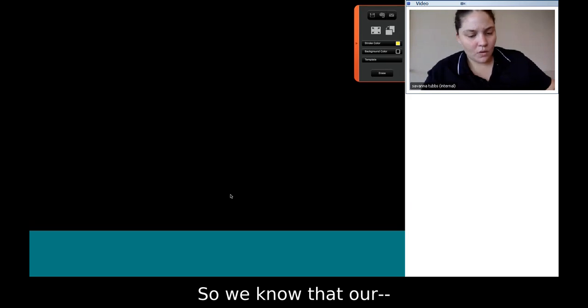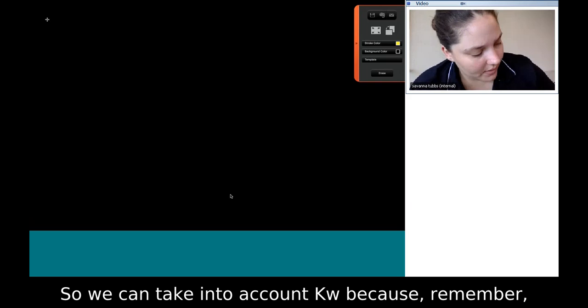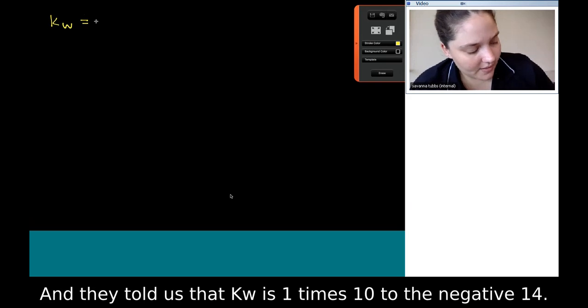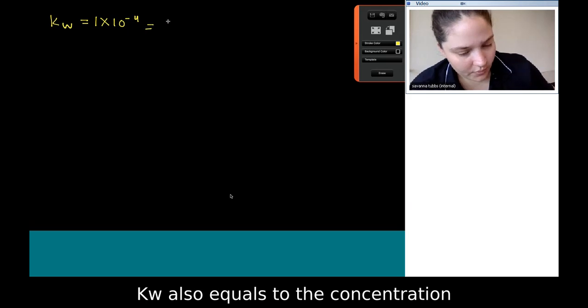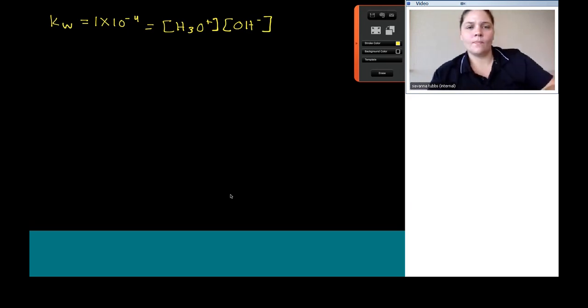So we know that we have it in water, so we can take into account Kw, because remember that's with water, and they told us that Kw is 1 times 10 to the negative 14. Kw also equals the concentration of H3O plus times our OH minus.